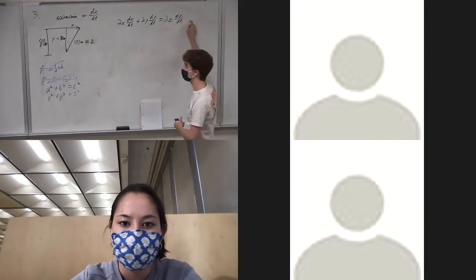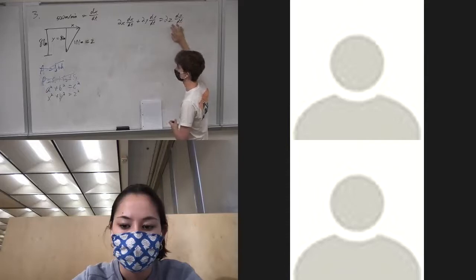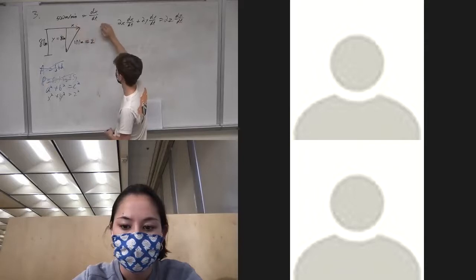It's dz by dt, right? That tells us the rate at which the distance Z is changing, similar to how this 500 meters per minute was telling us the rate at which X was changing as the bird was flying.